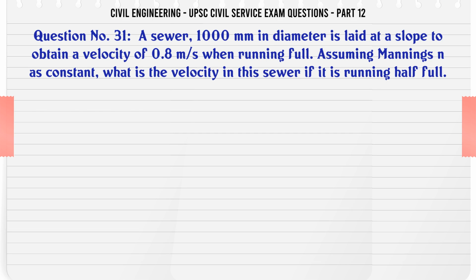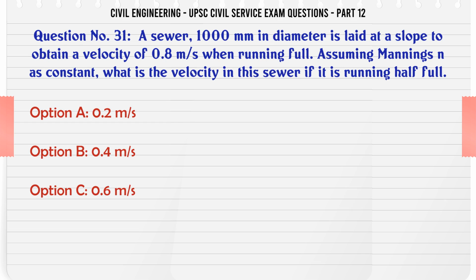A sewer 1000 mm in diameter is laid at a slope to obtain a velocity of 0.8 m/s when running full. Assuming Manning's n as constant, what is the velocity in this sewer if it is running half full? A. 0.2 m/s. B. 0.4 m/s. C. 0.6 m/s. D. 0.8 m/s.